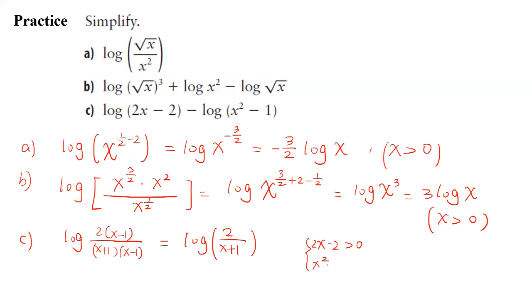Next, x squared minus 1 must be greater than 0, which means x must be greater than 1, or x less than minus 1. So if we consider both of the conditions, the domain is x must be greater than 1, right? So we put the domain here.